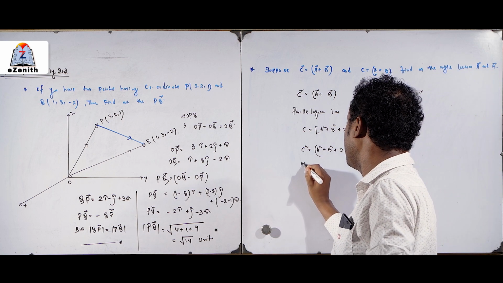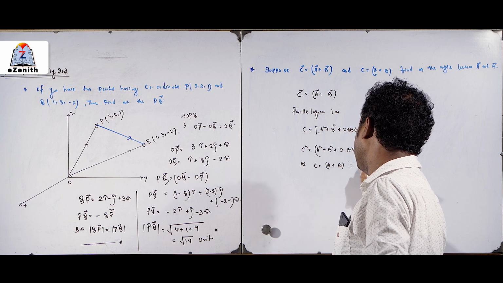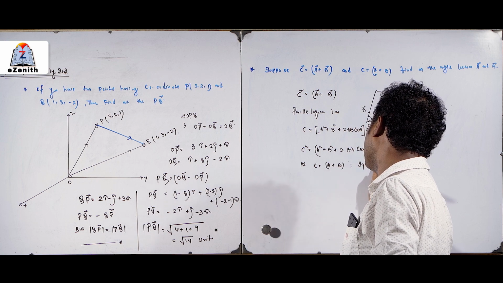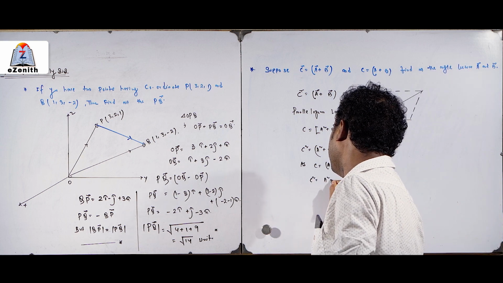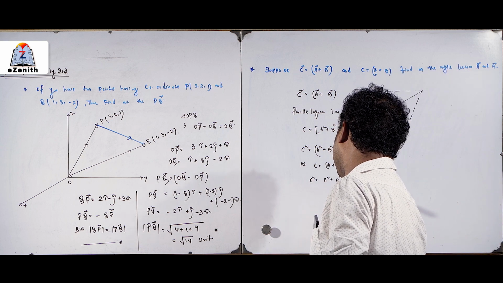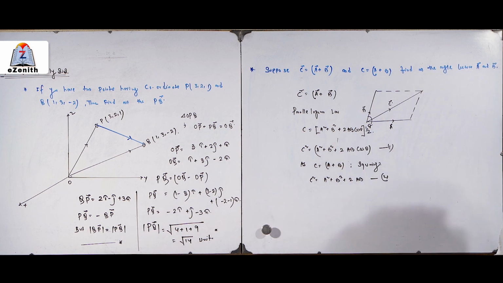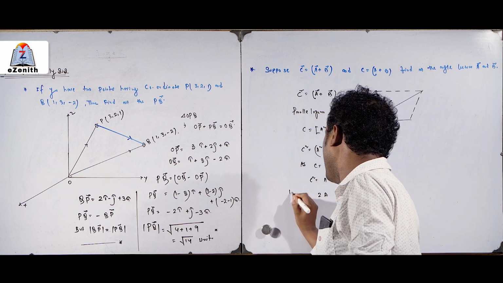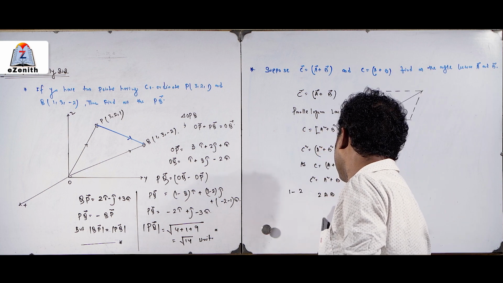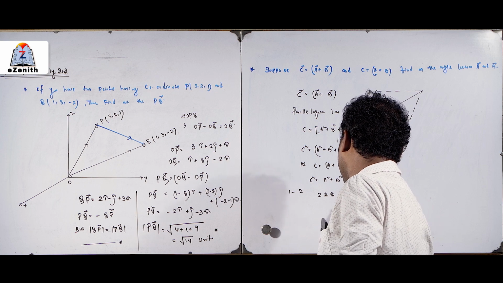As C is equal to A plus B, squaring both sides, we have C square is equal to A square plus B square plus 2AB. Equation 2. Just subtract equation 1 and 2. We have 2AB (cos theta minus 1) is equal to 0.